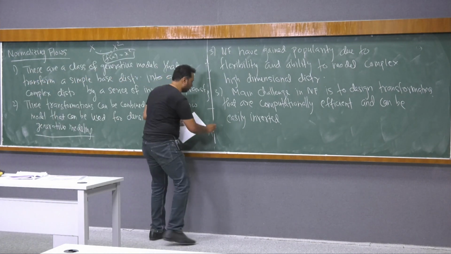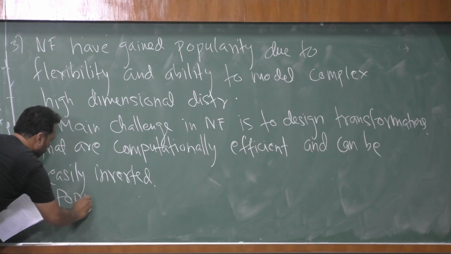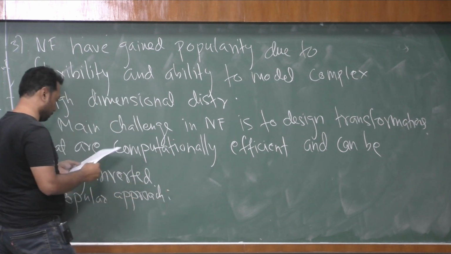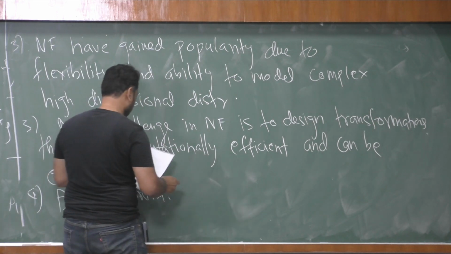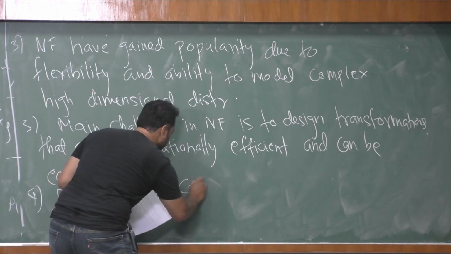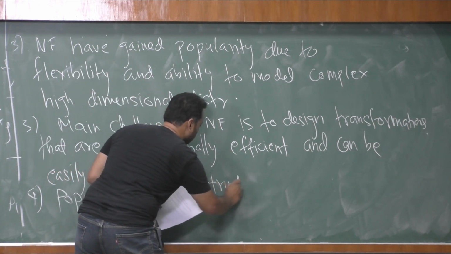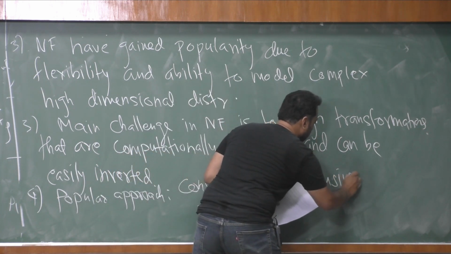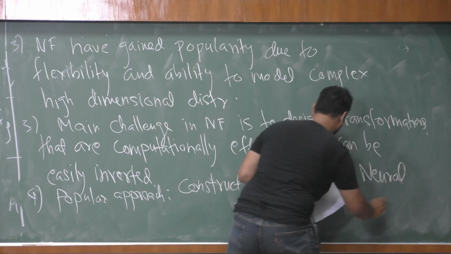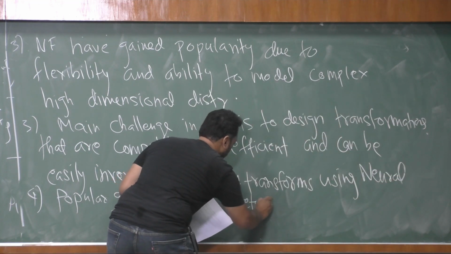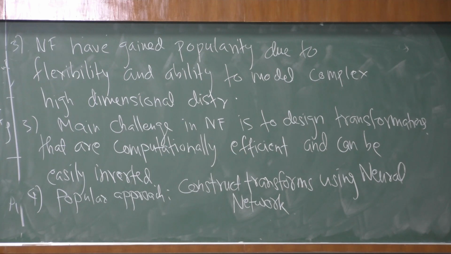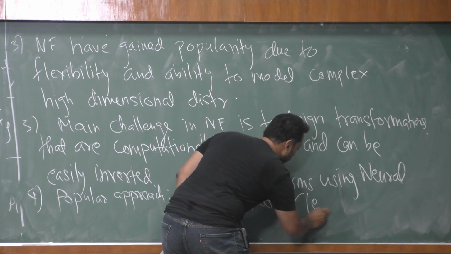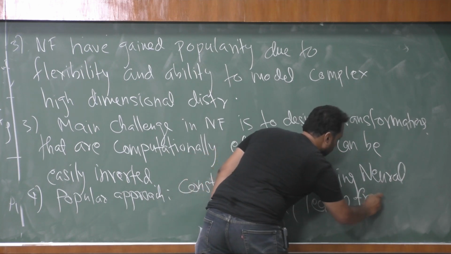So a popular approach is you construct transforms using neural networks. And obviously, in this case we are expecting that the data is there, because neural networks are parametric models and they need data, right? So learn from data.